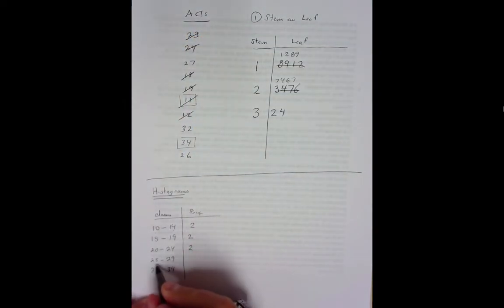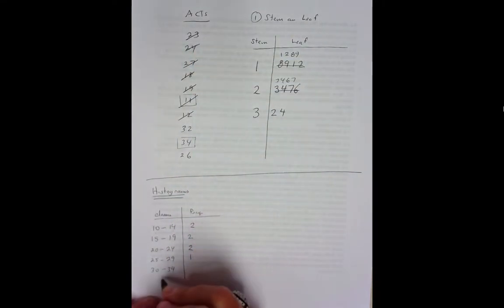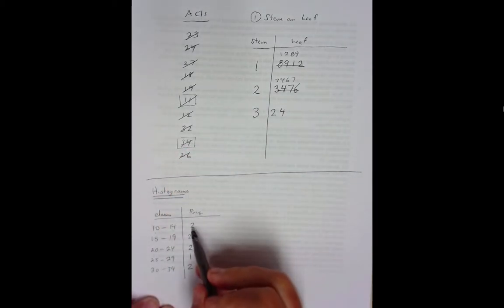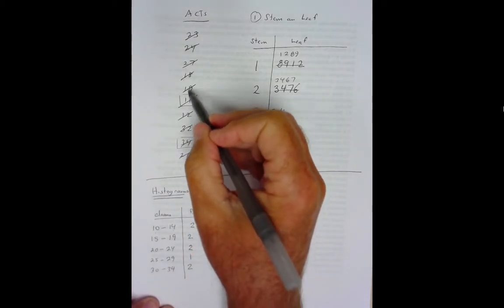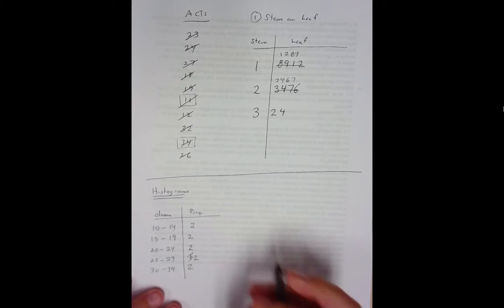It's comforting, isn't it? 25 to 29, looks like I have 1. And 30 to 34, it looks like I have 2. I think I missed a 26 here, didn't I? 2, 4, 6, 8, 9, 1, 2, 3, 4, 5, 6, 7, 8, 9, 10. Yeah, I missed a 26, so apparently there were 2 that went here as well.